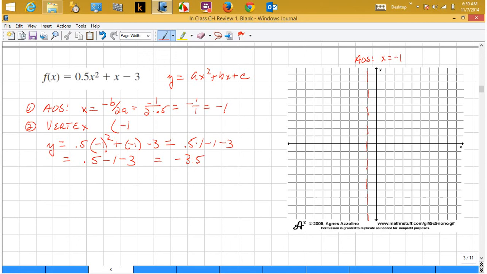So my vertex is going to be at negative 1, negative 3.5.